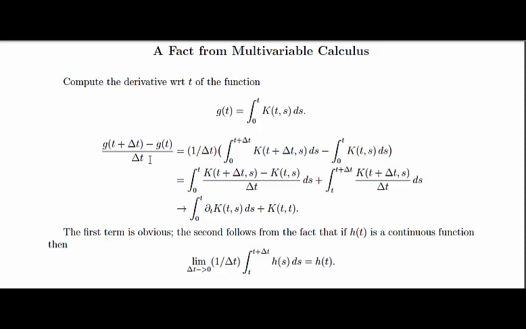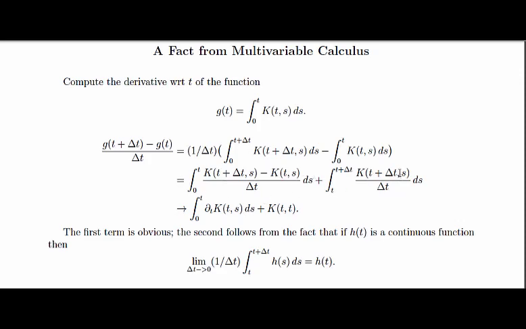And we need to see what happens to that quotient as Δt tends to 0. So if we put it in, there is the difference quotient. Here's the value at t + Δt, the value at t. Subtract them, divide by Δt. Now I break this integral up into two integrals, one from 0 to t and another from t to t + Δt. The second guy goes from 0 to t already, so I can write these two terms as the sum of these three.